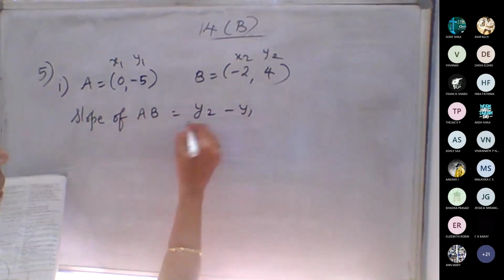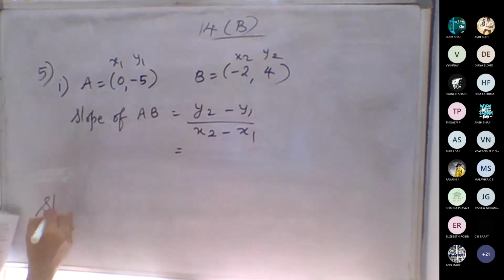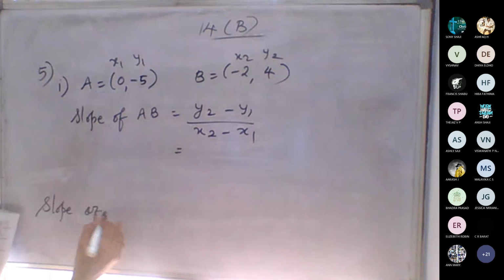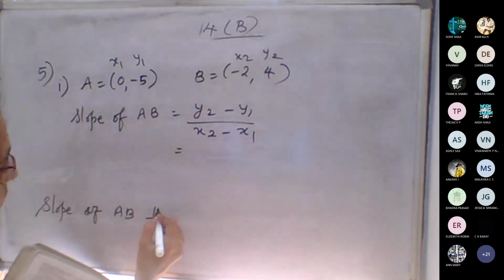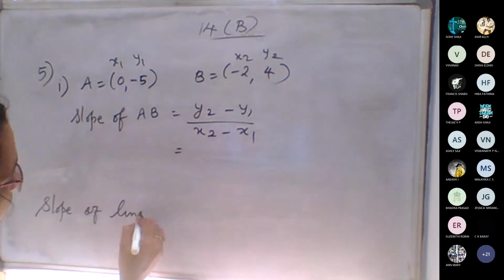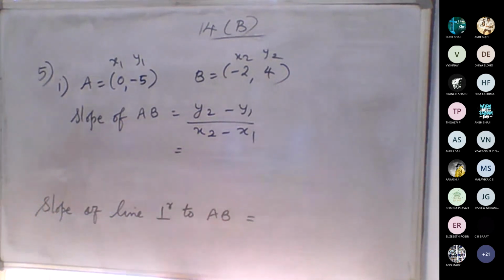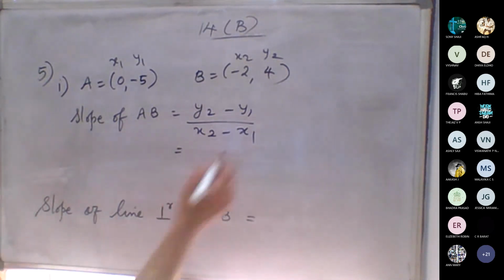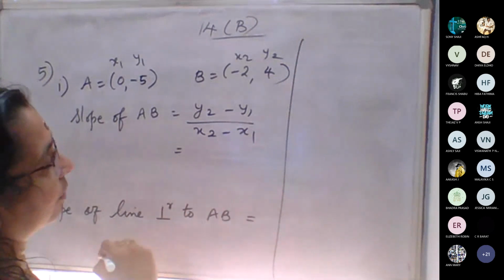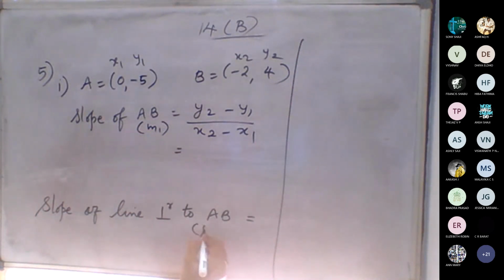Y2 minus y1 divided by x2 minus x1. We have to find the slope of AB, and then the slope of the line perpendicular to AB. Let it be m1 and let it be m2.